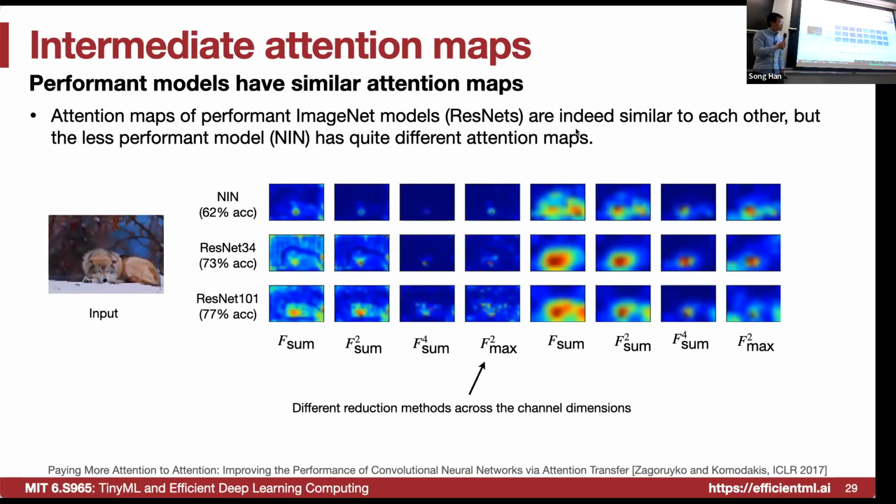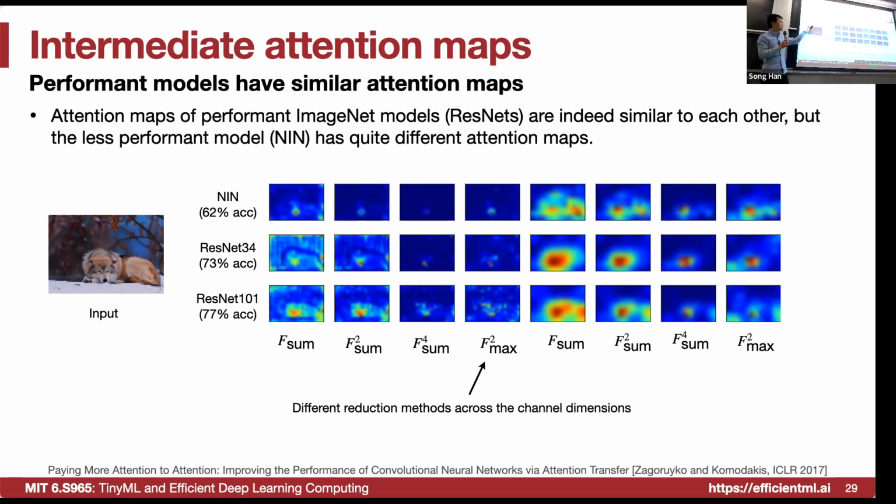There's also this interesting observation: a performant model like ResNet, versus a weaker model, network in network, which is a much older model, has only 62% accuracy, versus these better ResNet models, which have more than 70% top-1 accuracy.